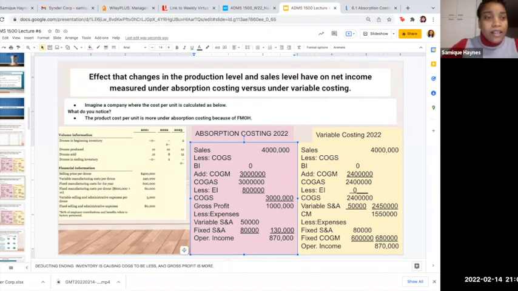Guys, think about the fact that we have, I'm going to erase this now. We have ending inventory. What is the cost of our ending inventory? How do we find it? We know we have 2 units, but we have to multiply that by something. What do we multiply it by? 8? 2 times 8, so 16?